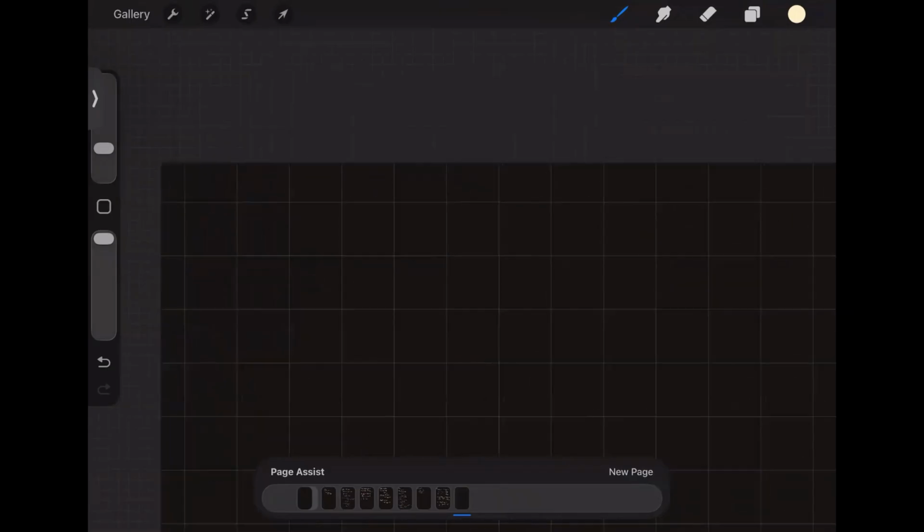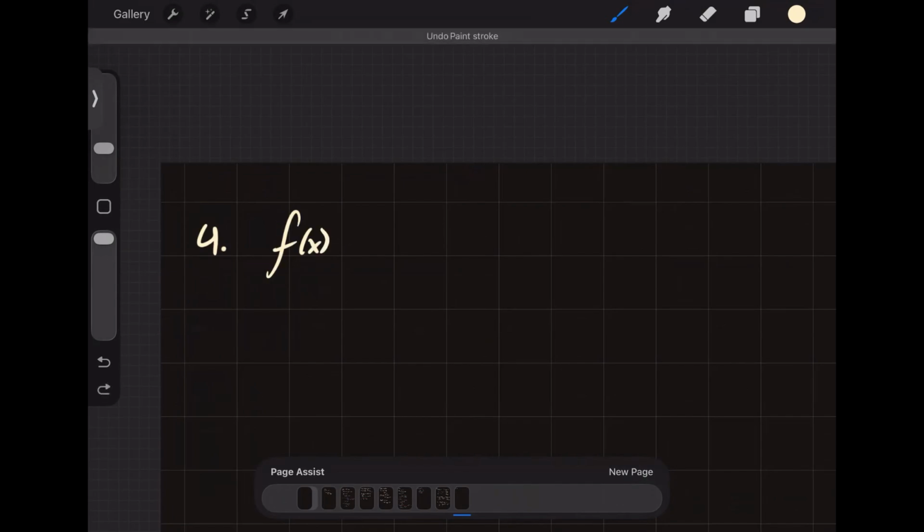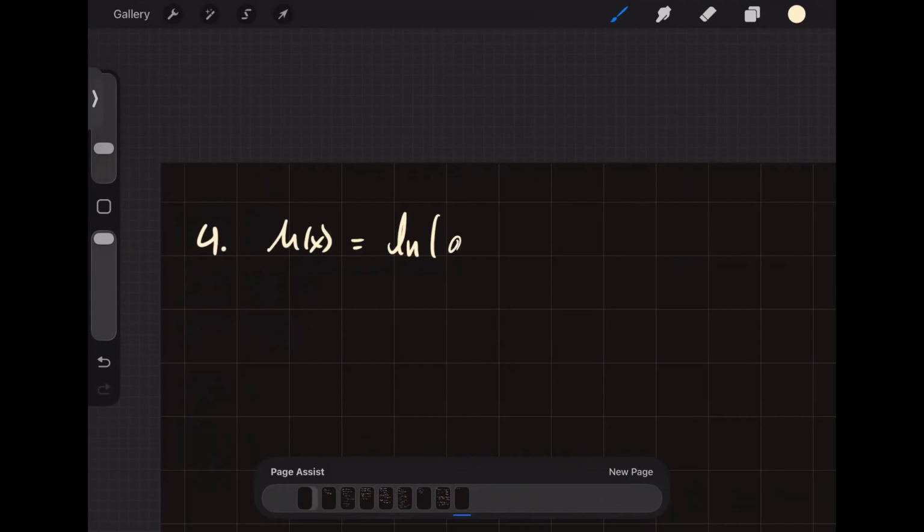What if I give you h of x is equal to ln of g of x?